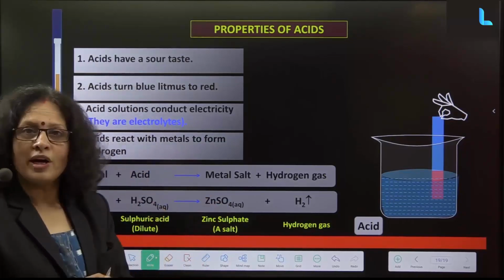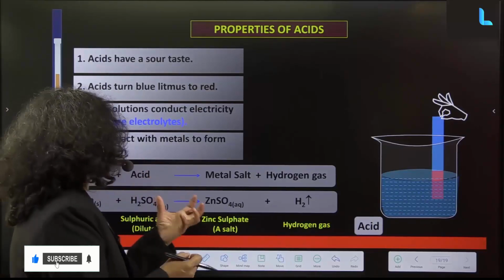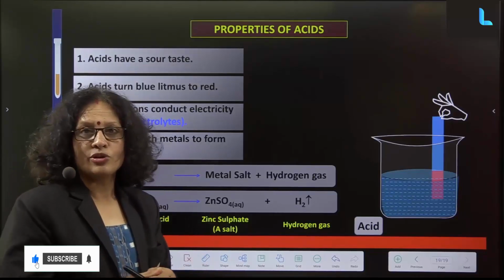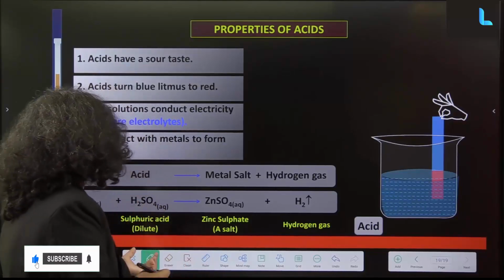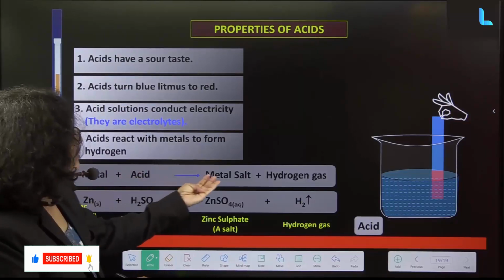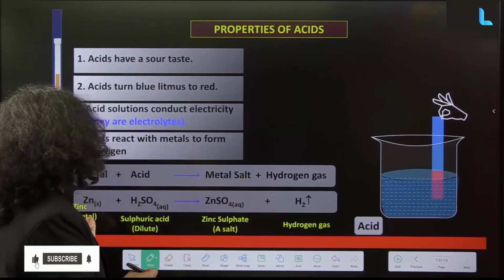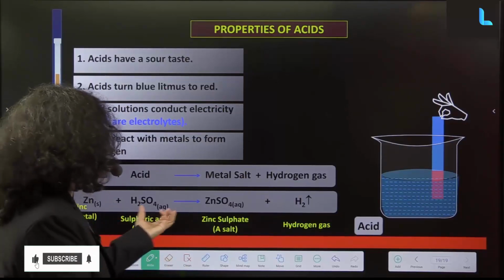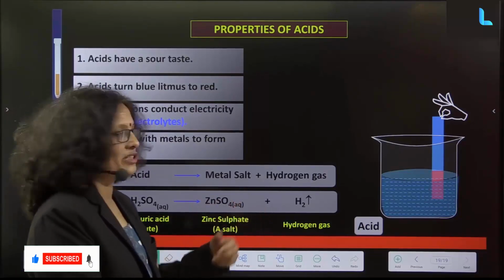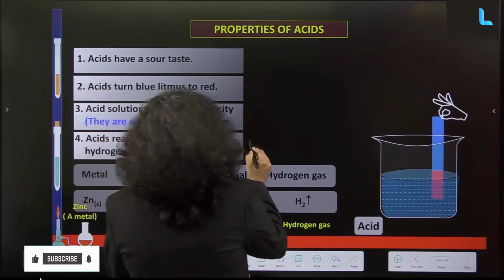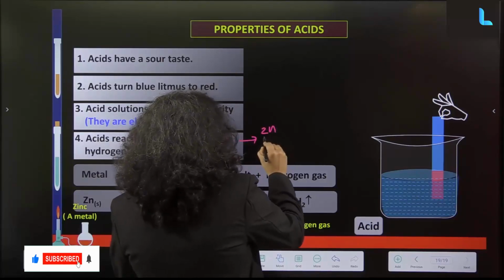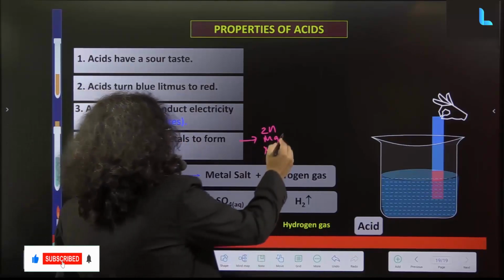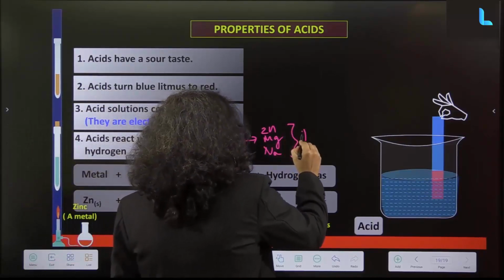Then acids react with metals to form hydrogen. Any acid, when it reacts with any kind of metal, liberates hydrogen gas. For example, metal plus acid gives metal salt plus hydrogen gas. Metals like zinc, magnesium and sodium all show this kind of reaction, and you get a salt while hydrogen gas is liberated.